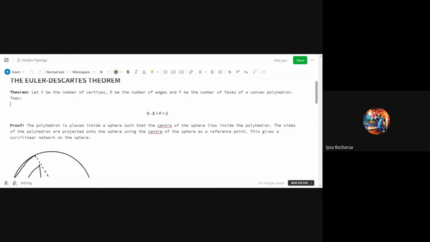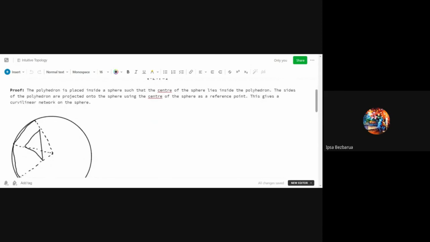And the way we prove it is, suppose I have a polyhedron and now I consider a sphere encompassing the entire polyhedron. I have to make sure the center of the sphere lies inside the polyhedron.